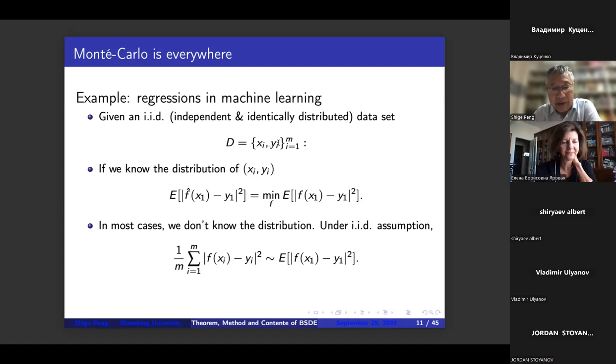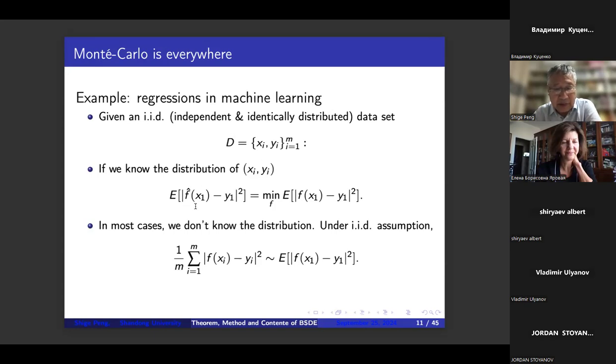Yi is something to be used to supervise the machine.